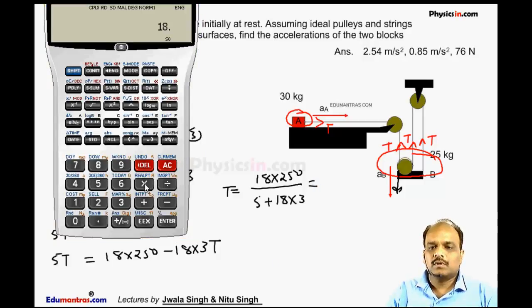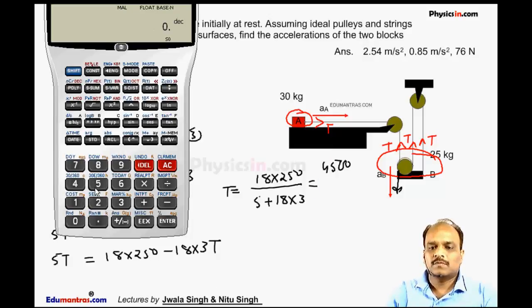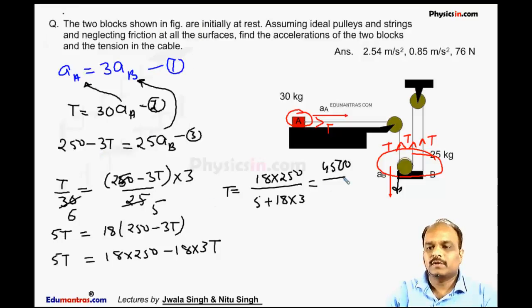which is equal to 4500 divided by 5 plus 18 into 3, that is 59.